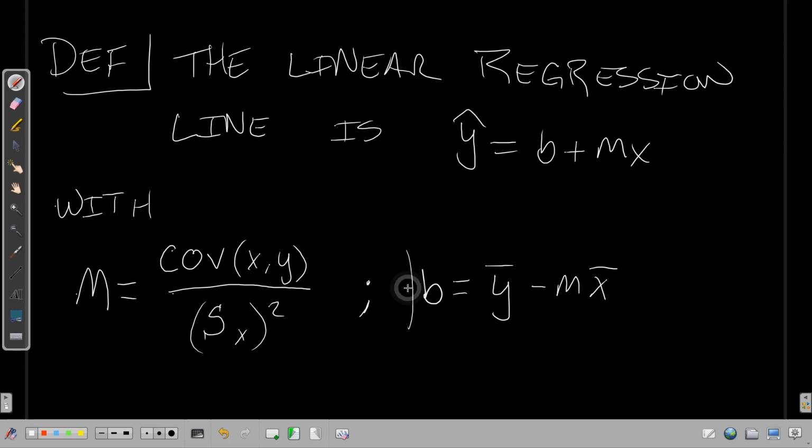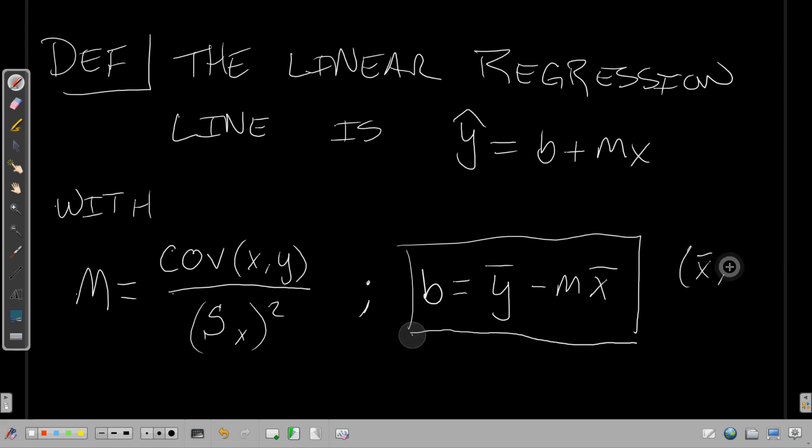And this right here is telling you that it must be the case that the point x bar comma y bar is on your linear regression line.